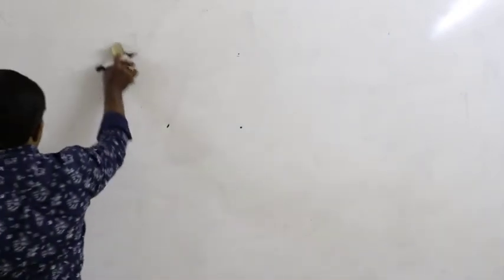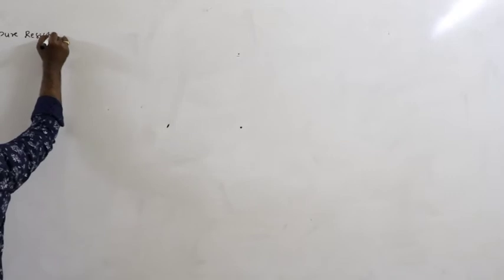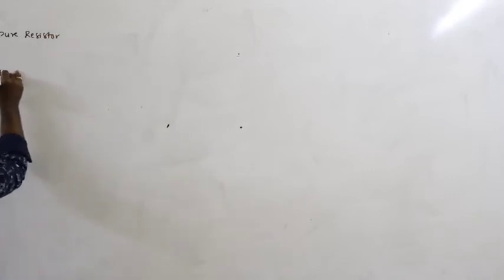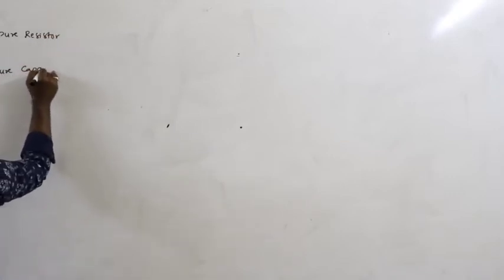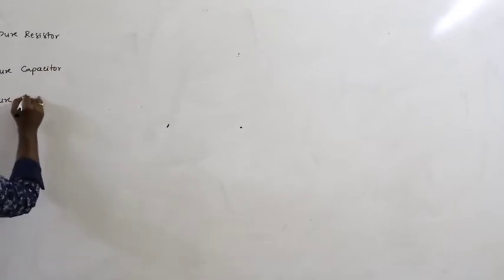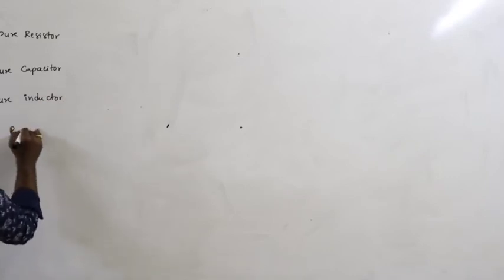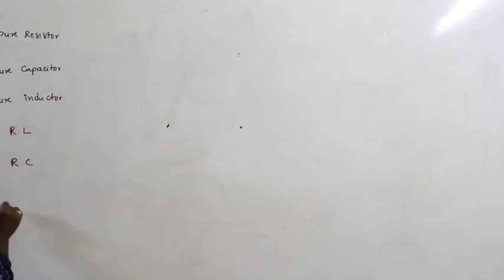So let's draw one tabular form, let us say on pure resistor, next pure capacitor, pure inductor, next RL, RC, LC.